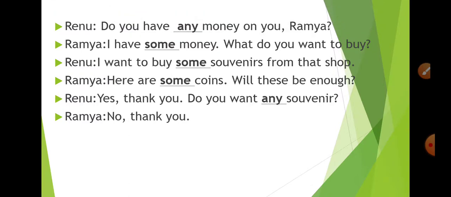So, these are the answers for some and any. Students, some boxes are also given. Just go through them. It is very easy. You can understand it just by reading.